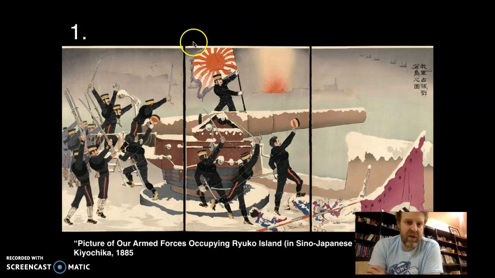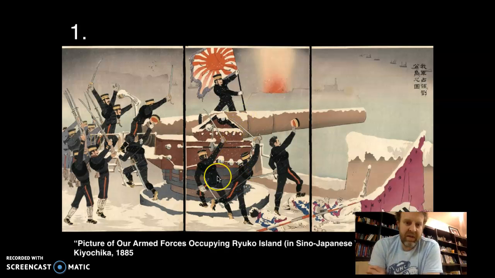Here is the Japanese imperial flag going up, and here is the Chinese flag, broken and down here. And so we see an image that is very much reflective of Japanese nationalism, right? The pride the Japanese are taking in the conquest that they are making.